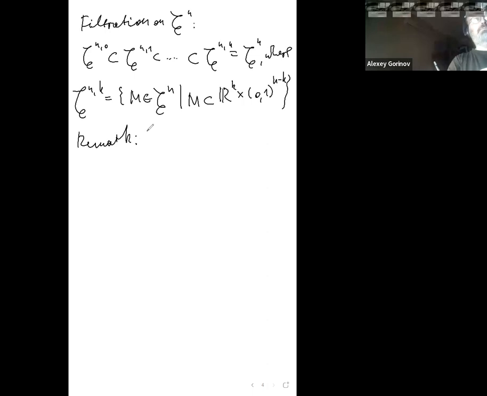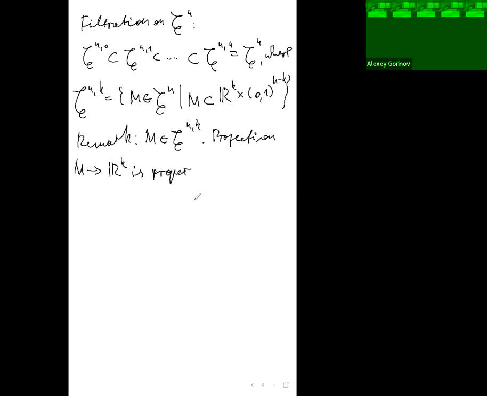Well, remark, if I have M inside C_{n,k}, then the projection from M to the first k coordinates is proper.